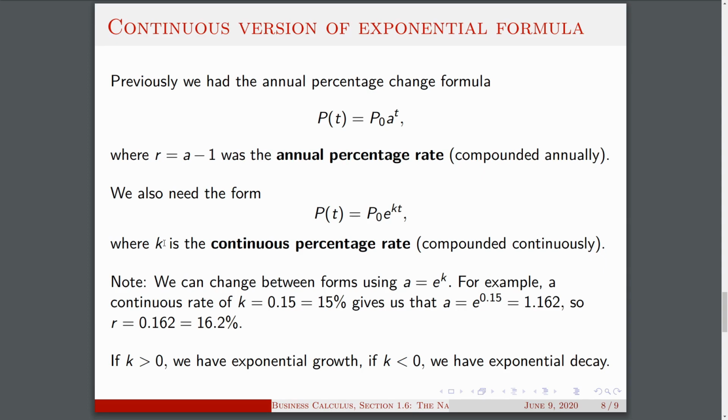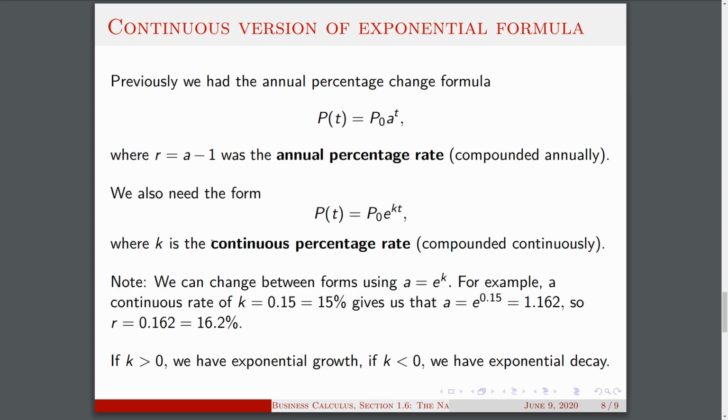So the interest that you're earning over the course of the year starts earning a little bit of interest itself. What you end up with is something a little bit more than if you just added on a percentage at the end of the year.